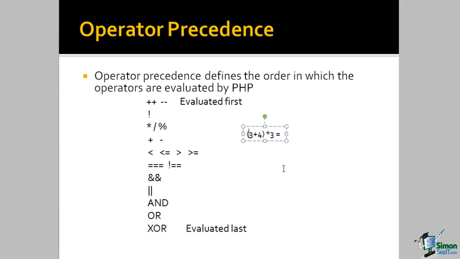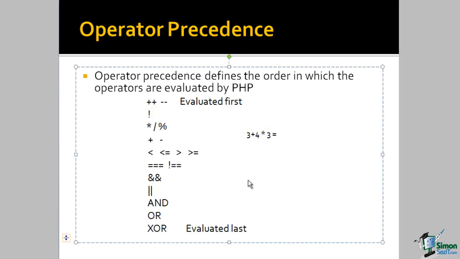Because otherwise, the natural operator precedence will force the 3 and the 4 to multiply and then add the 3. So the 3 times 4 is 12, plus 3 would give us 15. That is remarkably different than the value that we were looking to get.